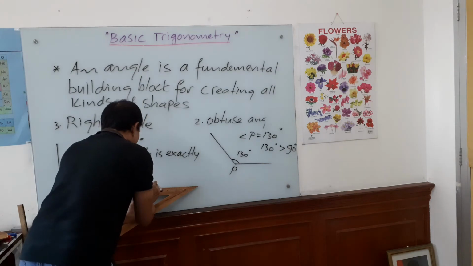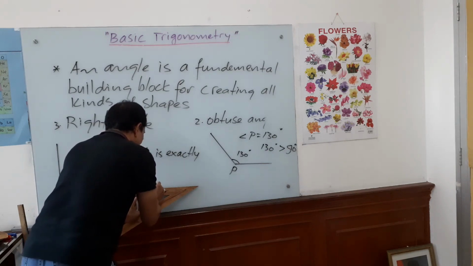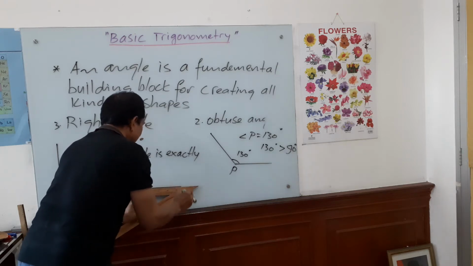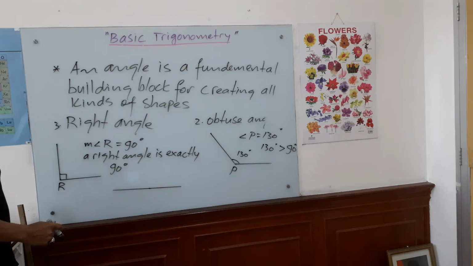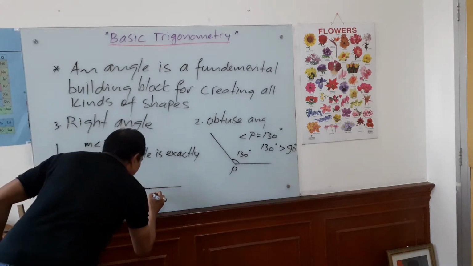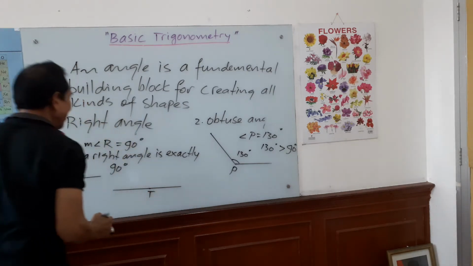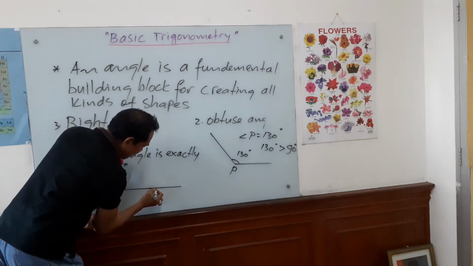We have a point here, and from this we take a line to the left, we also take to the right. Now we want to create a straight angle here. So for example, we name it T.